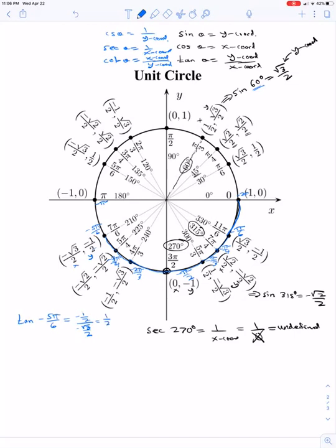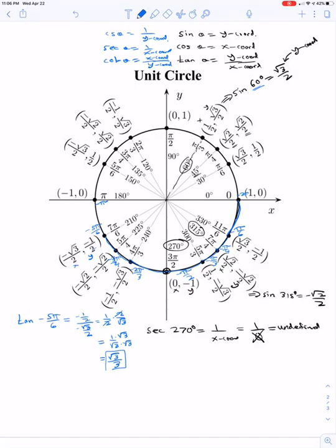This is 1/2 times 2 over square root of 3, as I multiply by the reciprocal. The negatives cancel out, 2 negatives make a positive, so we end up with 1 over square root of 3. As we rationalize, we multiply numerator and denominator by square root of 3, and I get square root of 3 over 3. So tangent of negative 5 pi over 6 holds a value of square root of 3 over 3.